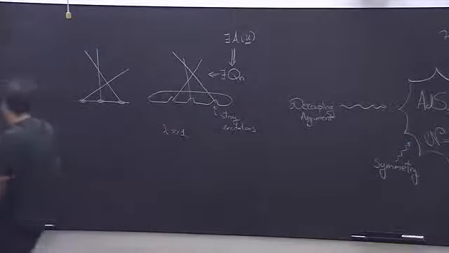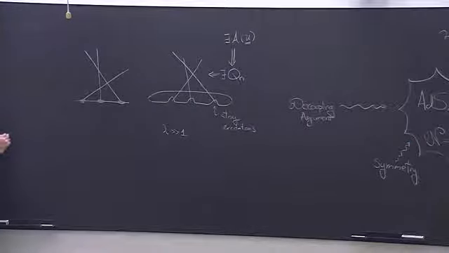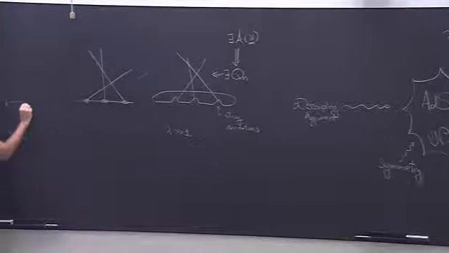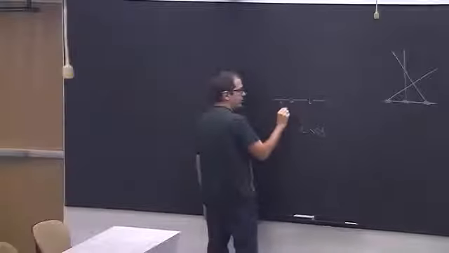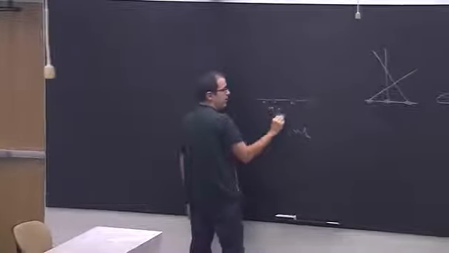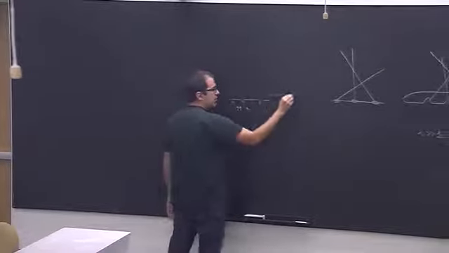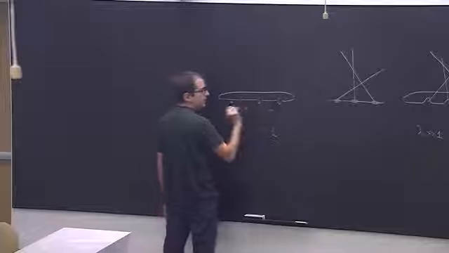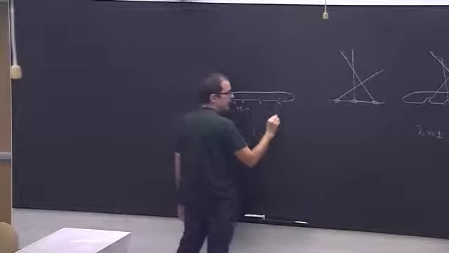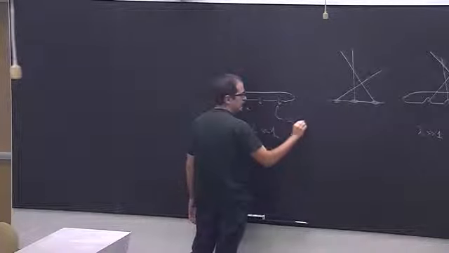What is the picture if the 't Hooft coupling is very small? If the 't Hooft coupling is very small, these excitations are just magnon excitations in my vacuum, which is just spins up, moving in my spin chain. And these are magnons, or spin chain excitations.